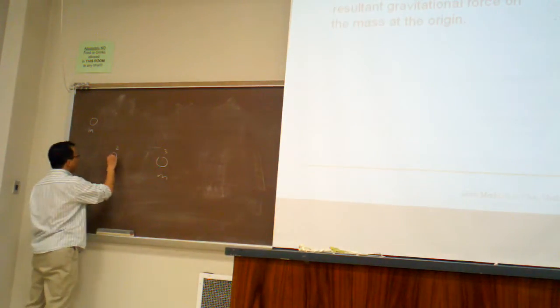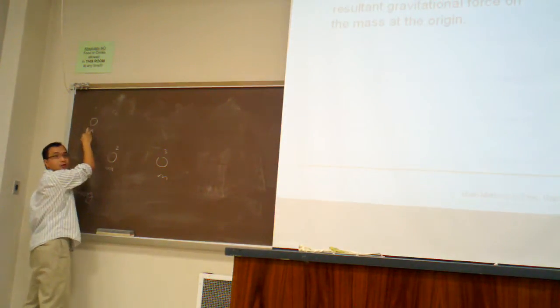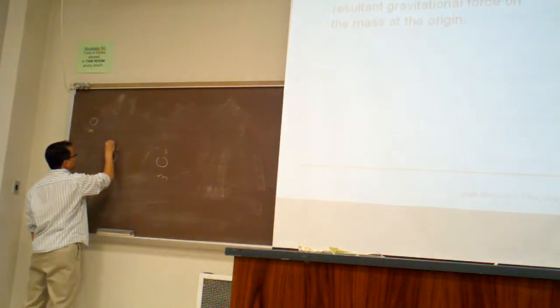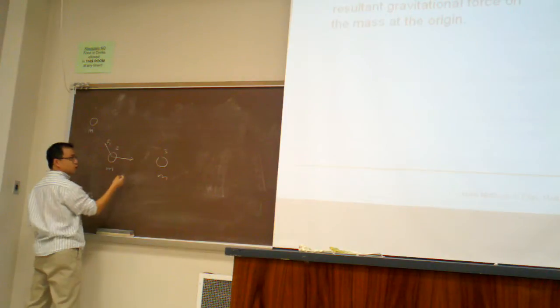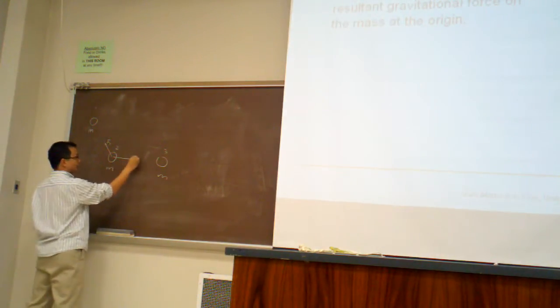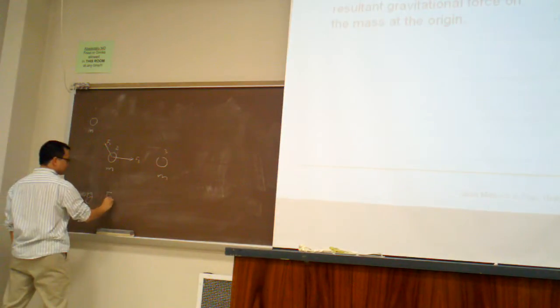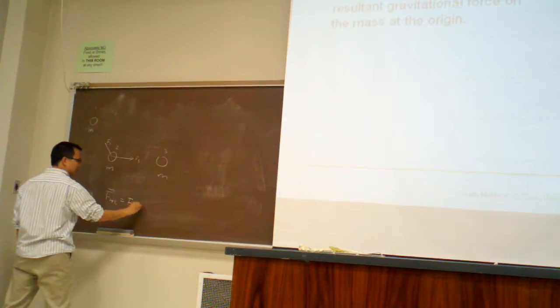Okay. One is the gravitational force provided by the first mass, let's call it F1. This is the gravitational force provided by the third mass, let's call it F3. So we are going to calculate F net equals F1 plus F3.